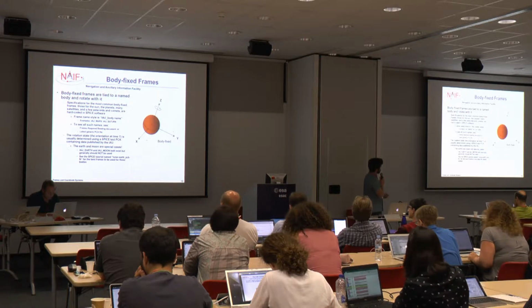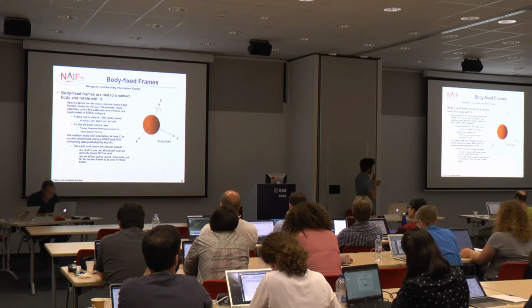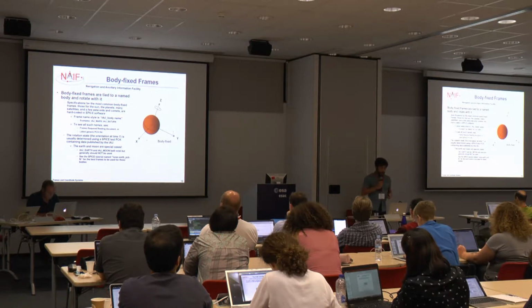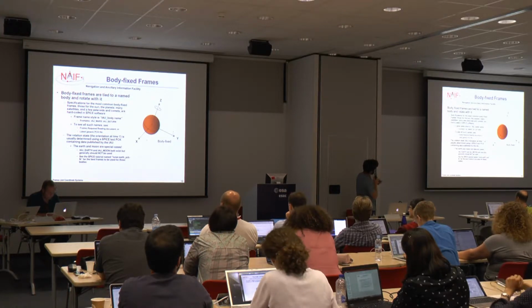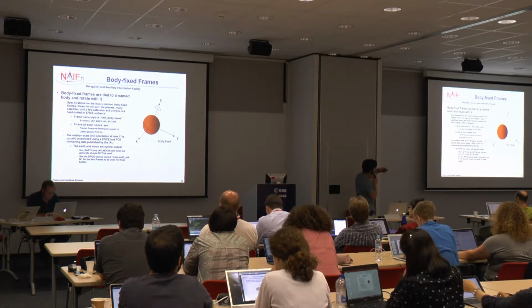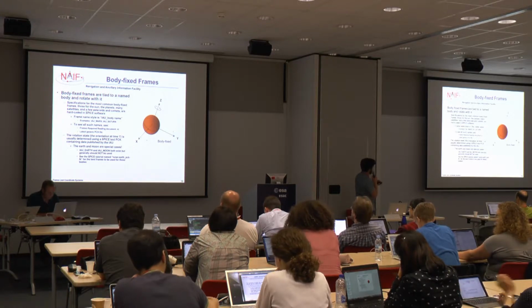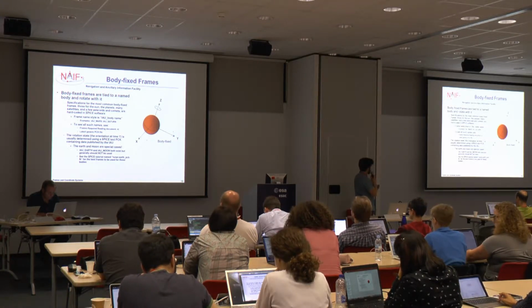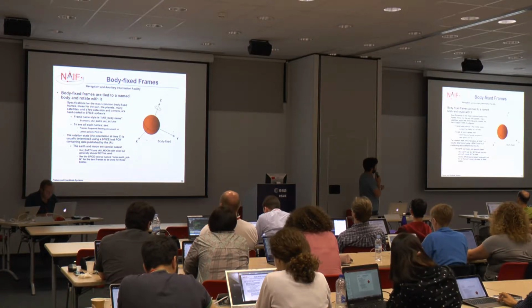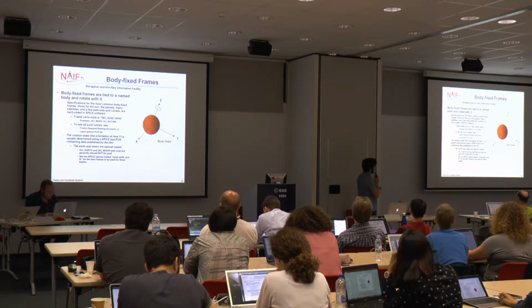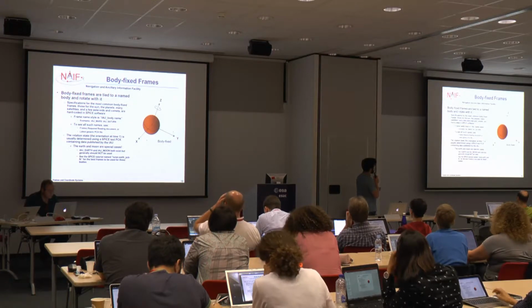Body fixed frames. Body fixed frames are tied to a named body, and they rotate with it. The specifications for most common body fixed frames, so the Sun, planets, many satellites, few asteroids and comets, are hard-coded in SPICE. And those come with this name style: IAU underscore the body name.